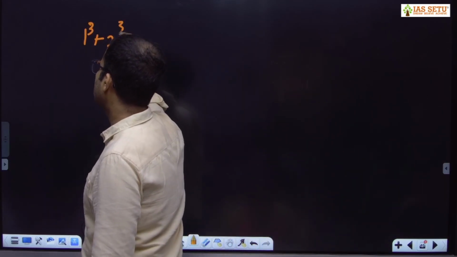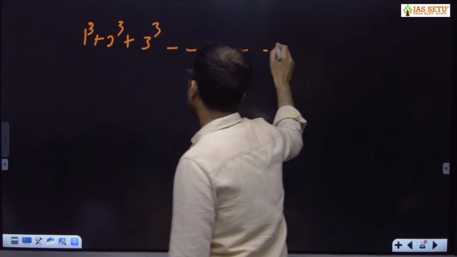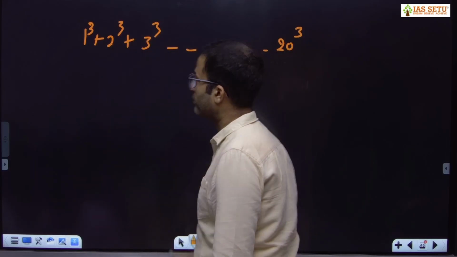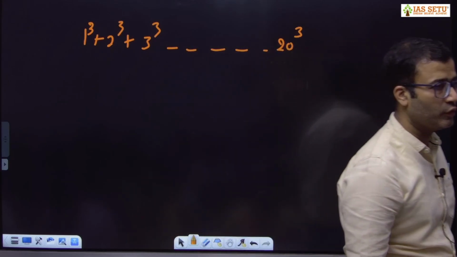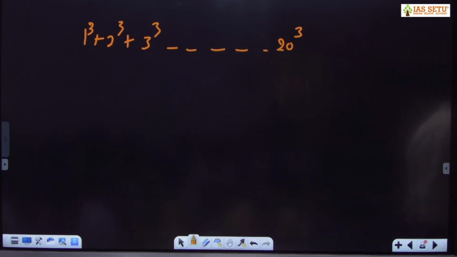एक और ट्राई करो. 1 cube plus 2 cube plus 3 cube up to 20 cube. 1 cube, 2 cube, 3 cube, 4 cube up to 20 cube.